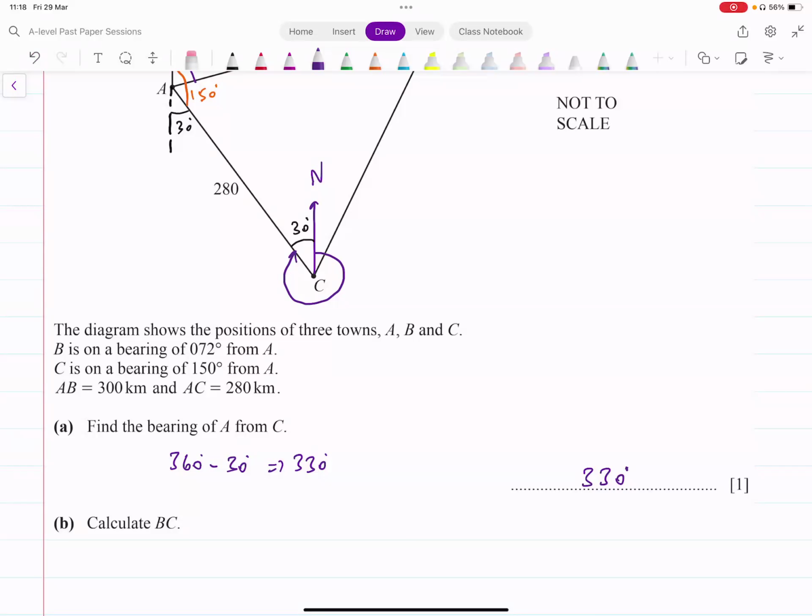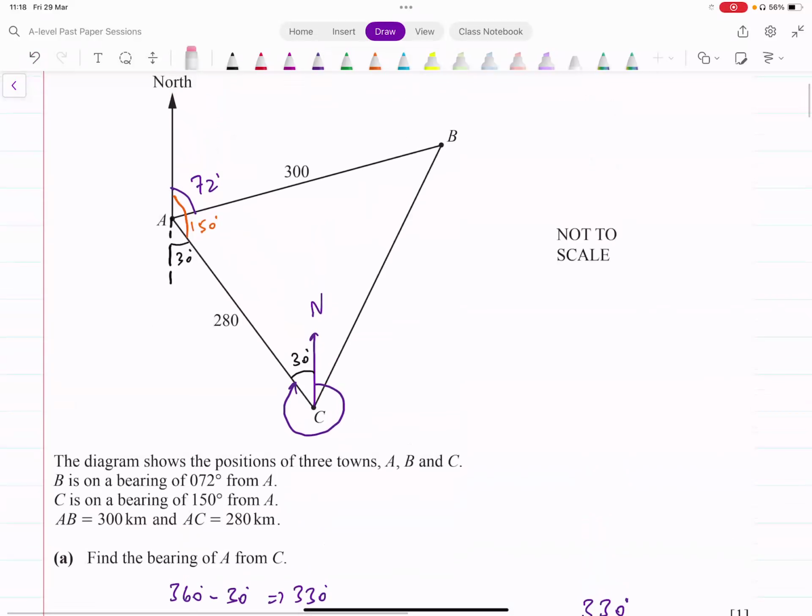It says, calculate the length BC. So now we're looking for this length. What information do we have about this triangle? We know two sides. We have 300, we have 280 here. And we know that this angle is 150 and this angle is 72.